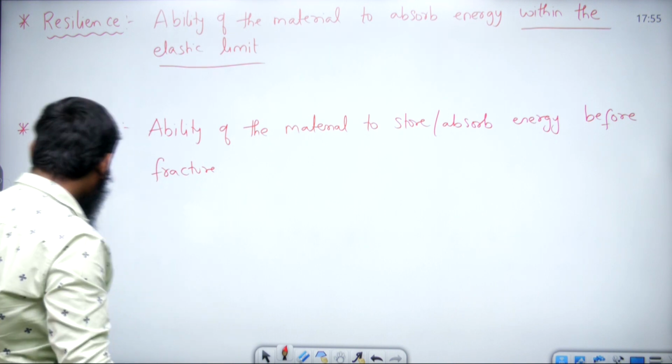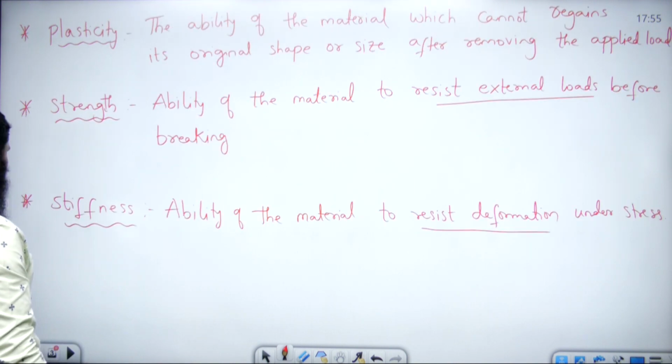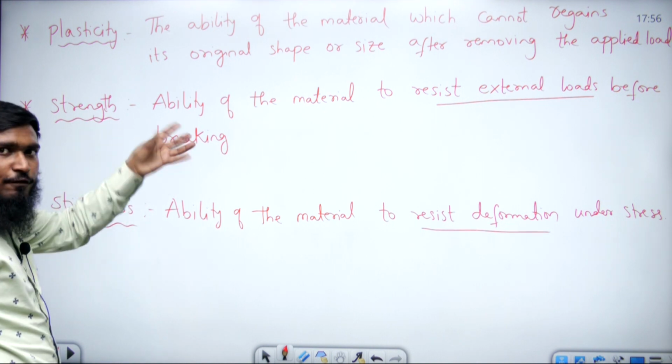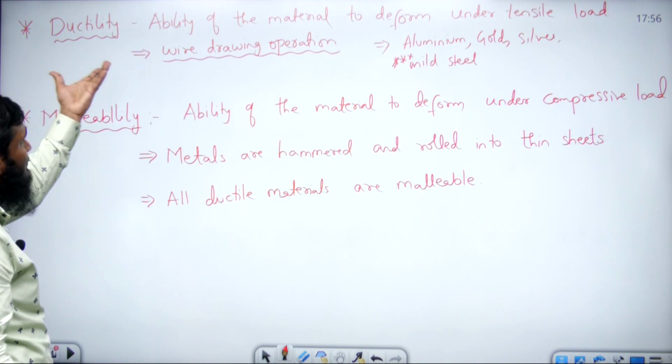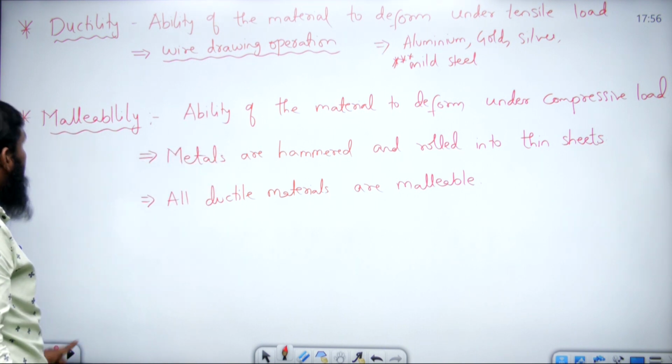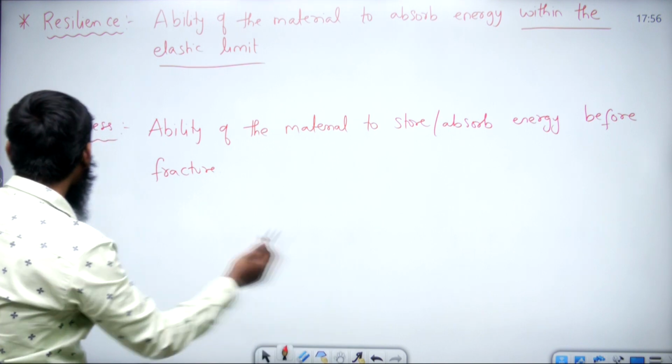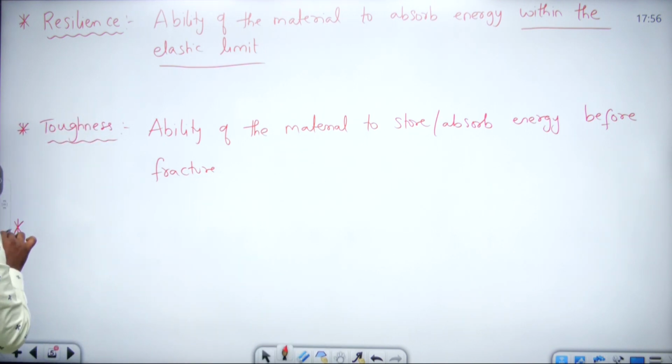Toughness. Okay, so till now we have completed elasticity, plasticity, the combination of strength and stiffness, ductility and malleability, and resilience and toughness. Now next let us discuss hardness.